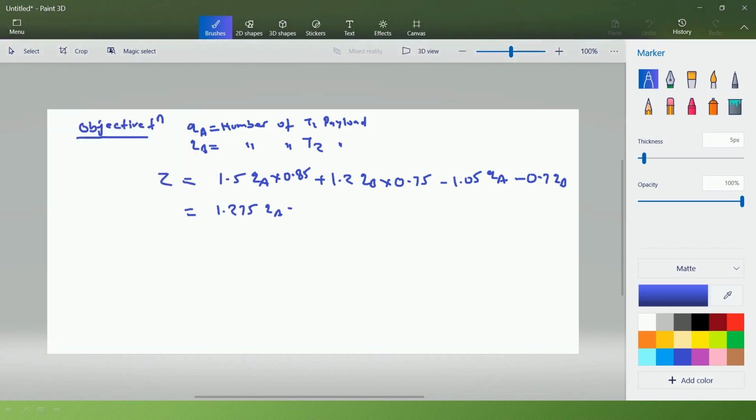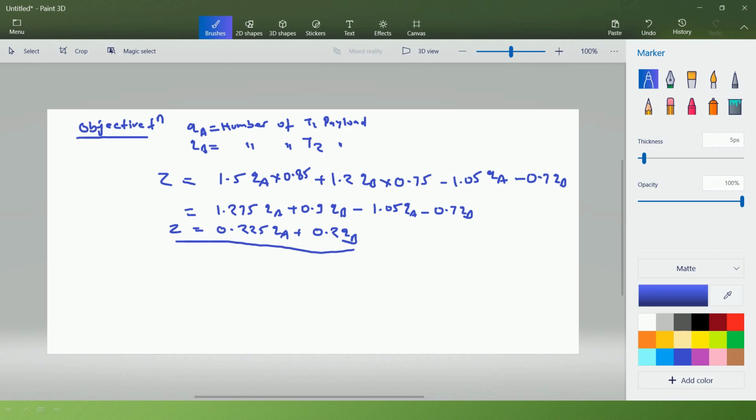So here we can write 0.9 QB minus 1.05 QA minus 0.7 QB. So the objective function will come around 0.225 QA plus 0.2 QB. This is our final objective function.